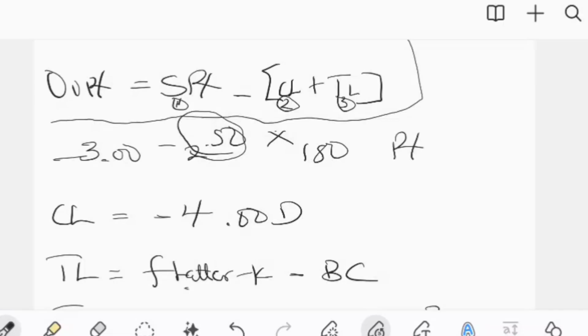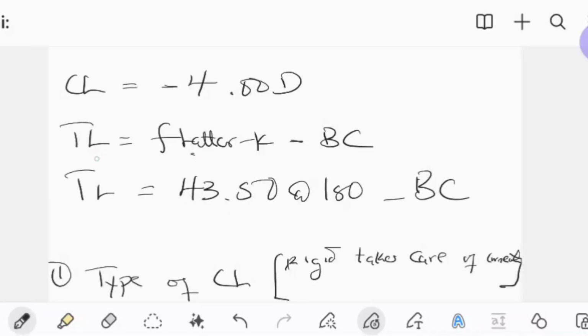So let's make it clearer so that you understand. Now, I was trying to explain how to get your tear lens and why the cylinder in the prescription was taken care of. Okay, so this is the formula for tear lens, and I also gave the formula for base curve.